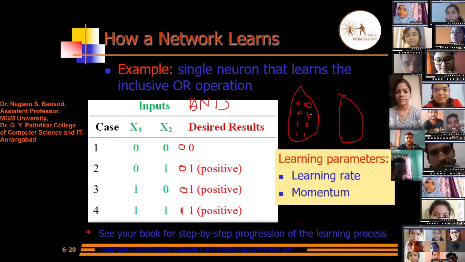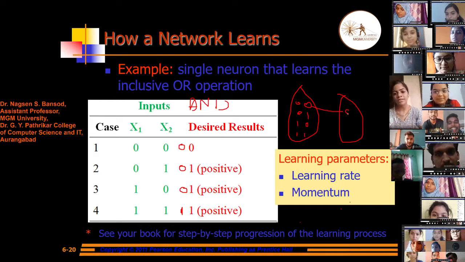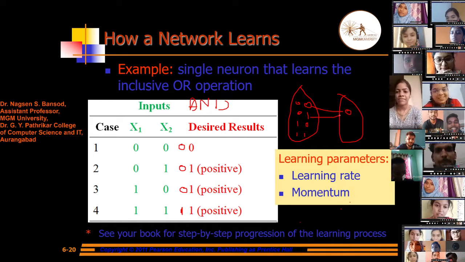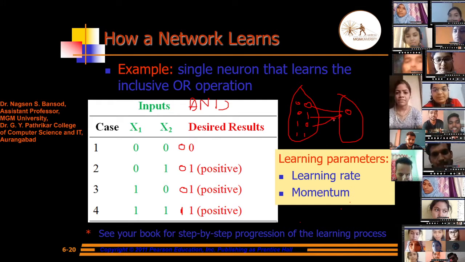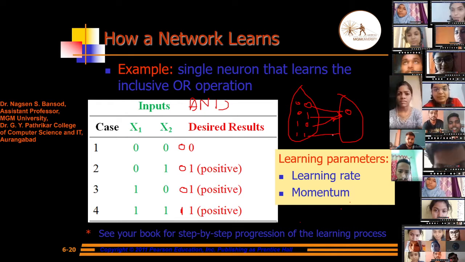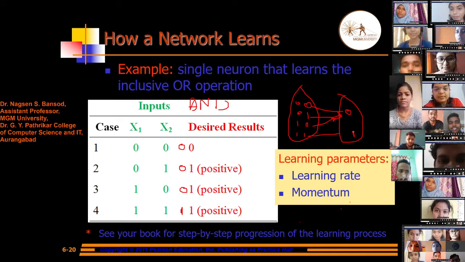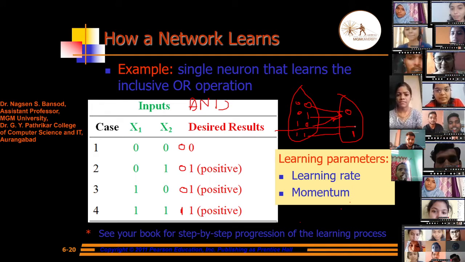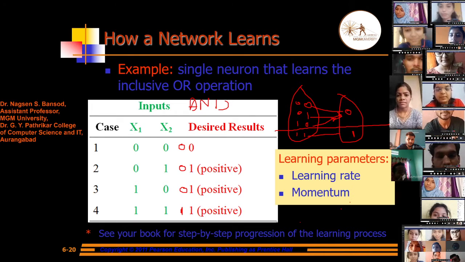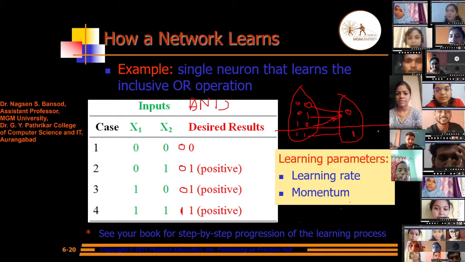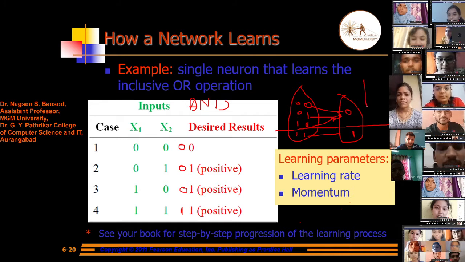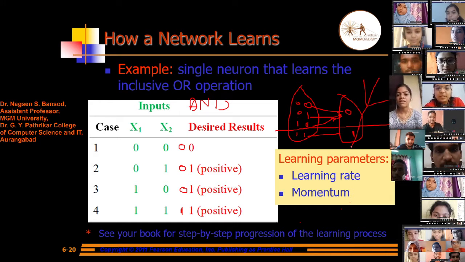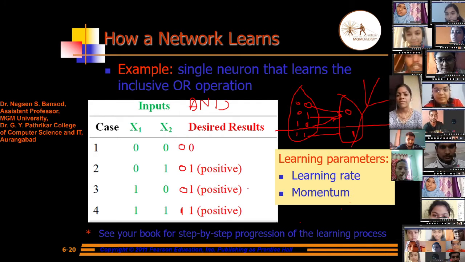The output of 0 0 is 0, the output of 1 0 is 0, the output of 1 0 is 0, and the output of the 1 1 input will be 1. So we can separate this from here. Negative and positive we can separate by using a linear separable line, a straight line.